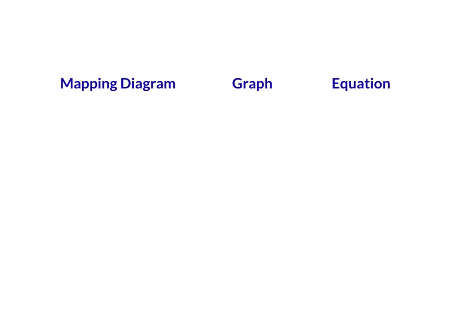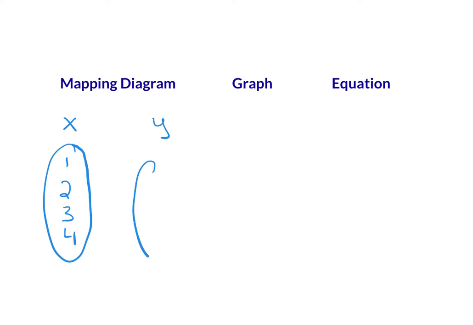All right, so just looking at 3 examples underneath the definition of a function. A mapping diagram is kind of like an XY table, just showing how x and y relate to each other. Let's say my x values are 1, 2, 3, and 4, and my y values are 4, 5, and 6.